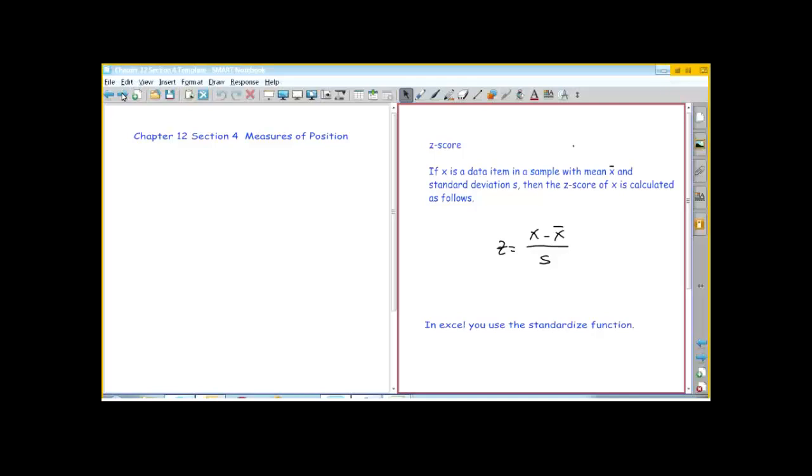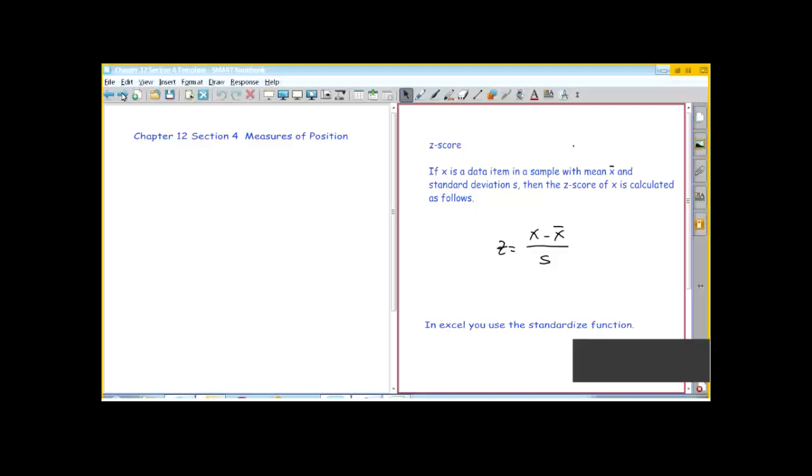So the measure of position is this z-score, and to calculate the z-score, all you have to do is take each data value. If I have my list of 200 data points, there are going to be 200 z-scores, a z-score associated with each data value. Half of them are going to be negative, and half will be positive.